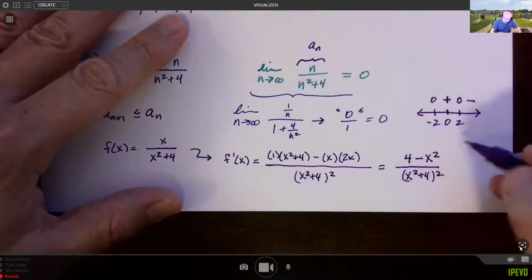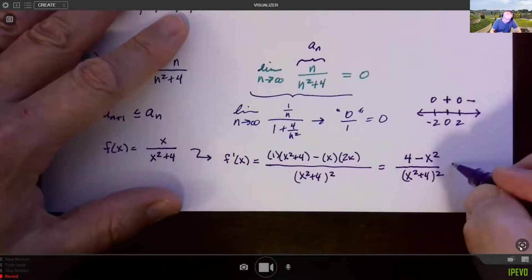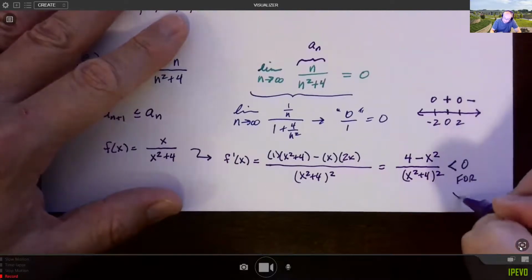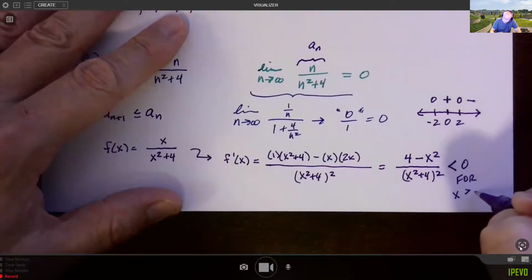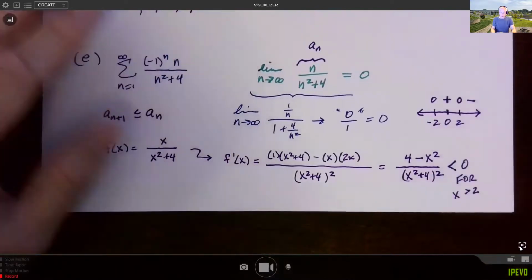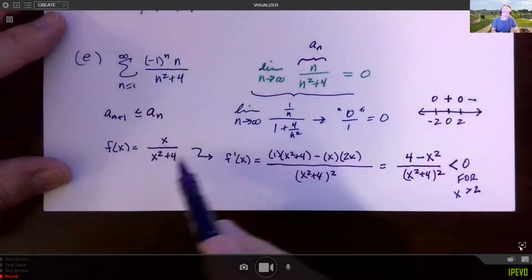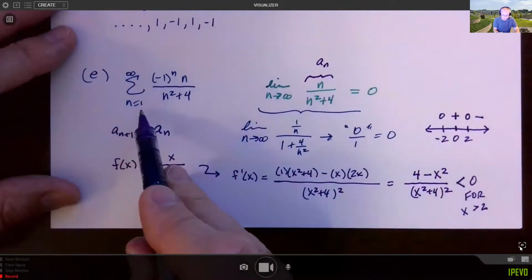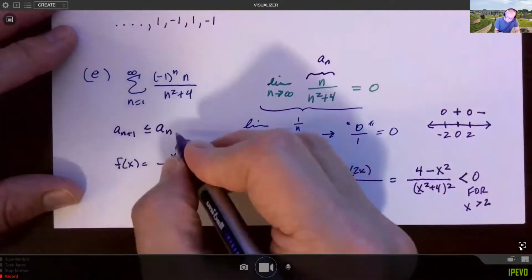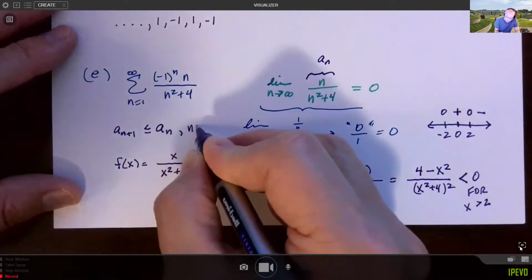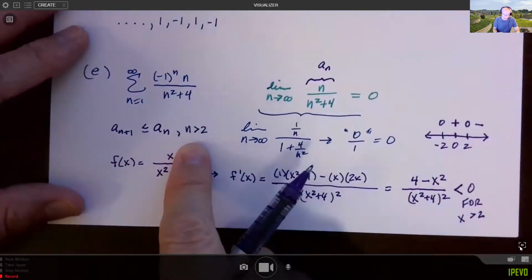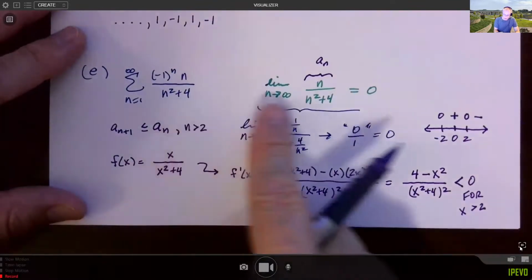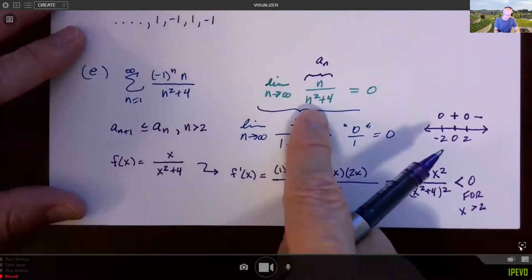But this is telling me that this derivative is going to be less than 0, negative, for any value of x that is greater than 2. Okay, and I've just changed the variable from n to x here. I could have left this all as n, and that's fine. Then what we're saying is this statement is true for n being greater than 2, because we know for values greater than 2, this function is decreasing. And so these terms, the a sub n's that we're adding up, are decreasing.